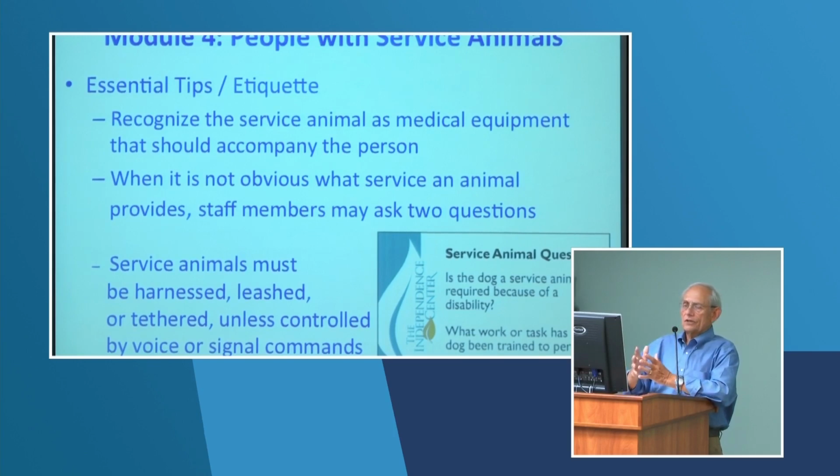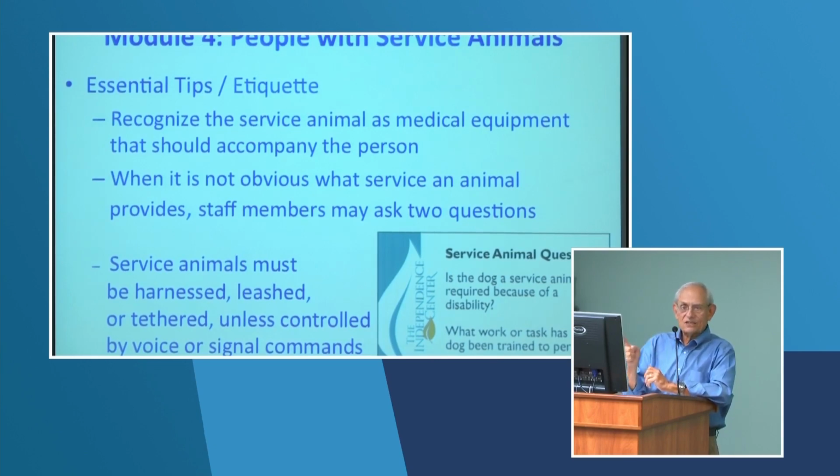Now, the service animal is a piece of medical equipment. That's what the ADA says. It should accompany the person. When it is not obvious what the service animal provides, you can ask two questions, and these are the only two questions you can ask someone with a service dog. Is the dog a service animal required because of a disability?